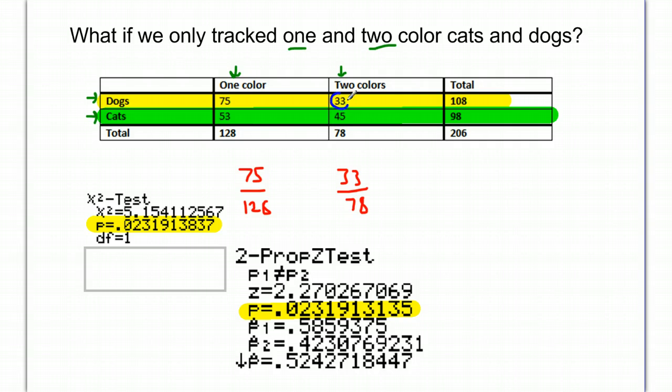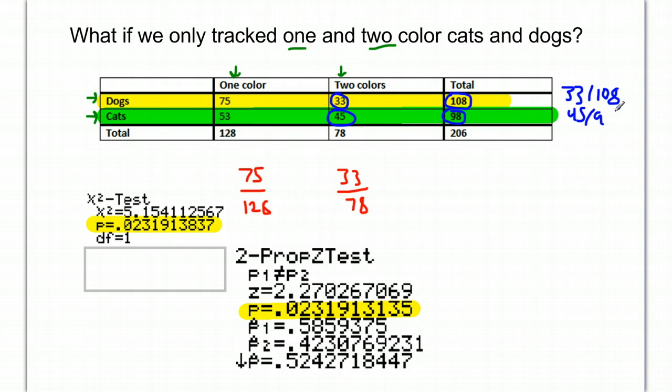So 33 out of 108 would be considered success. So that means that of the dogs, 33 out of 108 were successful because they were 2 colors. And for the cats, 45 were successful because we arbitrarily said 2 colors is going to be successful. So 45 out of total number of cats, 98.